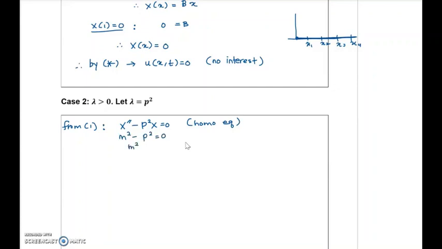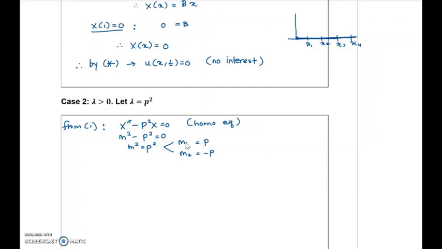So we have m square equals p square. Our intention is to have m, so m1 and m2. So m1 is p and the second one is negative p. So we have two roots which are distinct. They are not equal to each other.